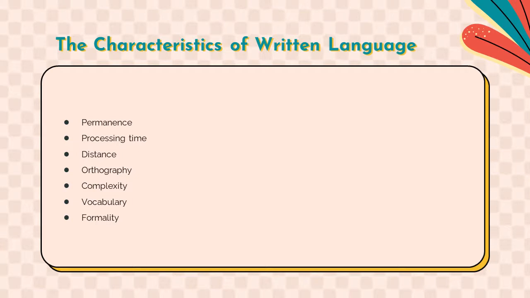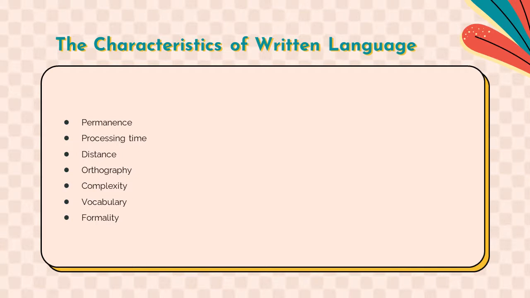The third is distance. The task of the reader is to interpret language. Next is orthography. Orthography skills refer to the ability to identify the patterns of specific letters as words, eventually leading to word recognition.